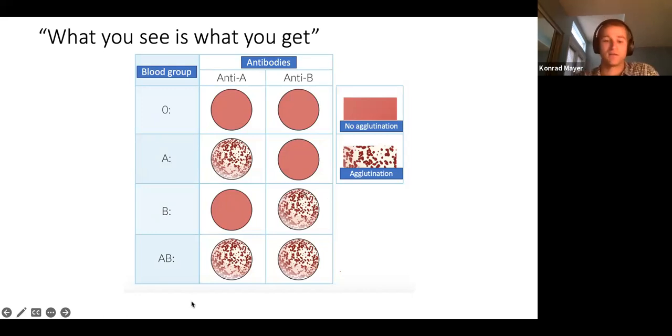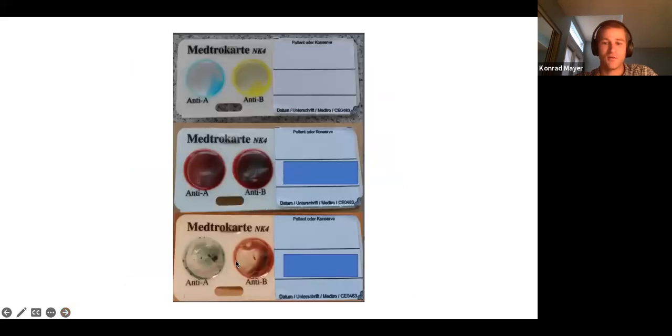I have a few examples on the next slide, and if you guys are able, you can type in the chat what the answer is. Remember, what you see is what you get. So with that in mind, what is happening on these slides? I'll give you a minute to text in the chat.